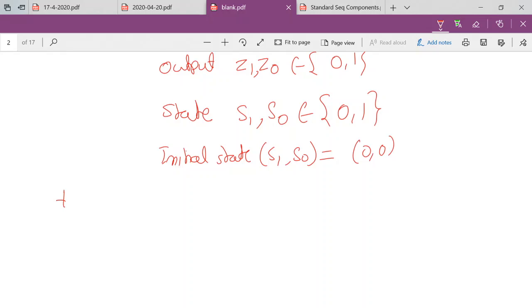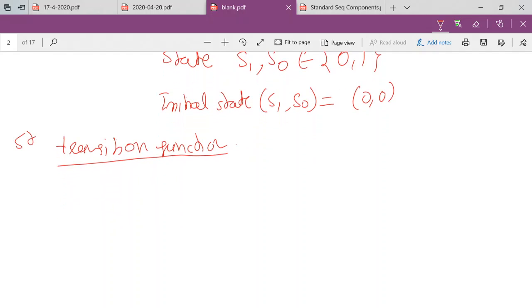Okay, let me define the transition function. When we talk about the transition function in terms of a sequential system, we call it the state transition function. The state transition function is given with this particular table here.